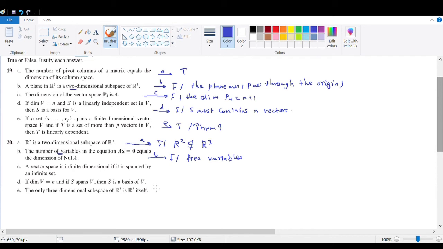Then C, a vector space is infinite dimensional if it is spanned by an infinite set.